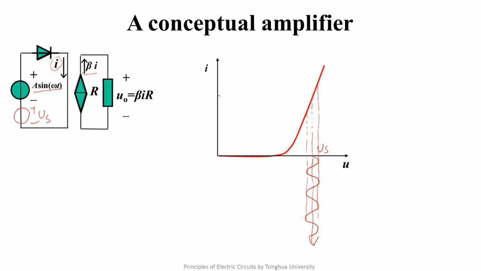In this case, similarly, we can also draw the waveform of the output varying with time. When the input is US, the corresponding output may be I0.